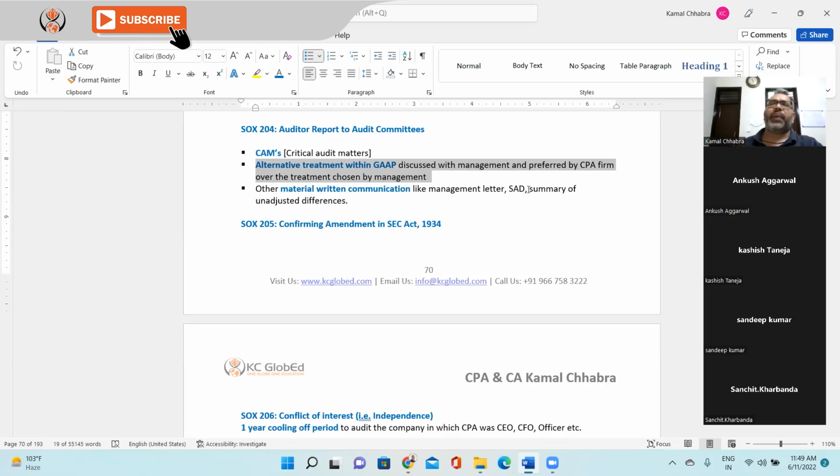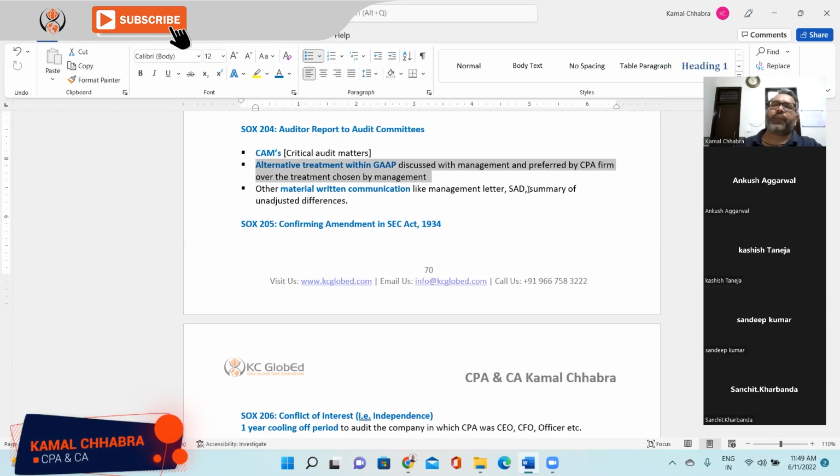As of now they might not be significant or severe, but if those design deficiencies are not improved, or those operation deficiencies are not taken care of, then in future they may result in a significant deficiency.